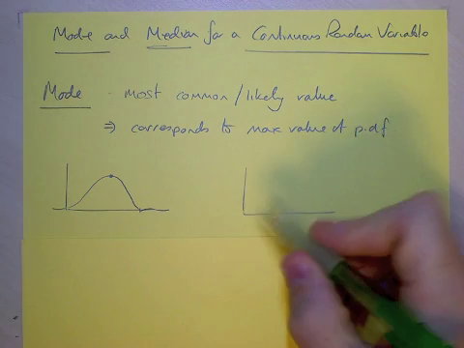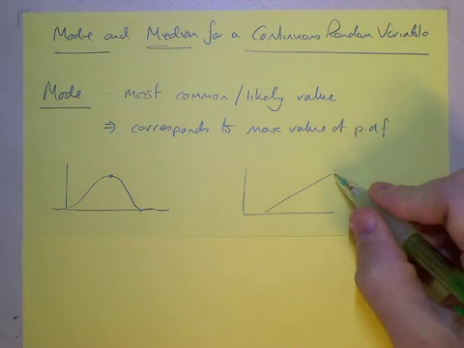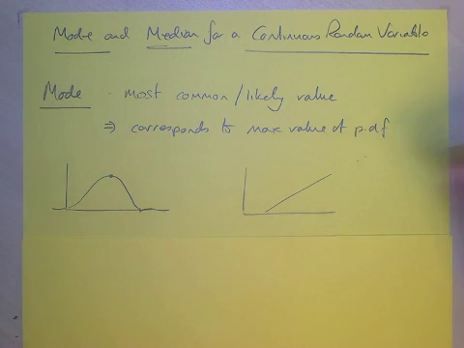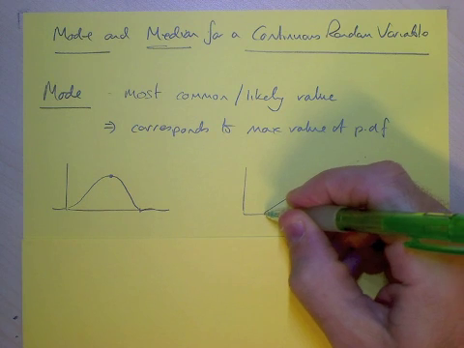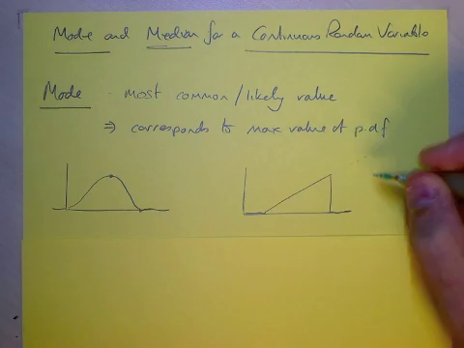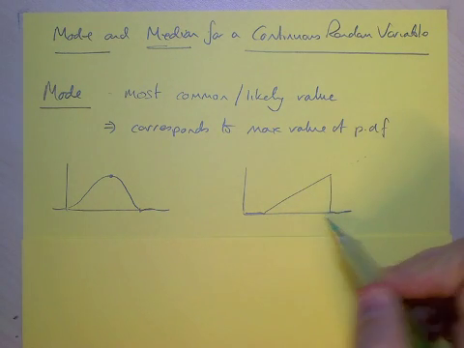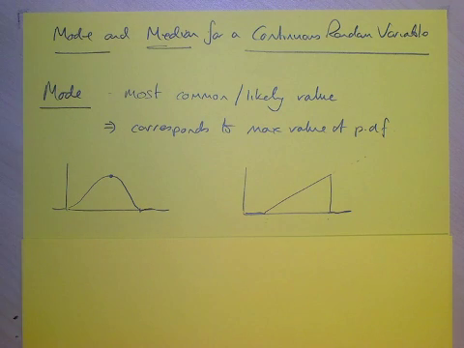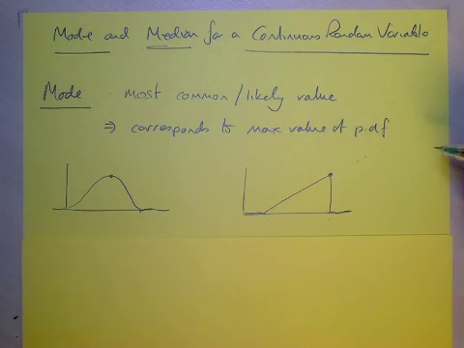But I also need to be aware of situations such as this, whereby the PDF may be defined as a function that doesn't necessarily have a stationary point. As an example like this, where the PDF is perhaps linear between two particular values and then 0 elsewhere, the mode here will correspond to this point here, which is the maximum value of the PDF in the given domain.